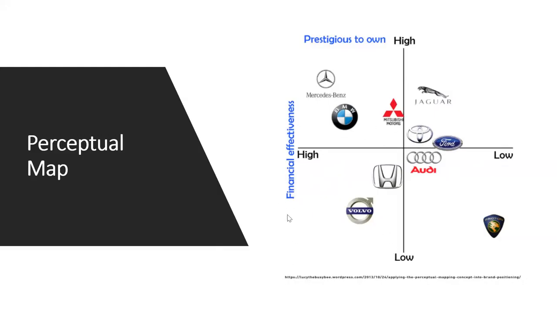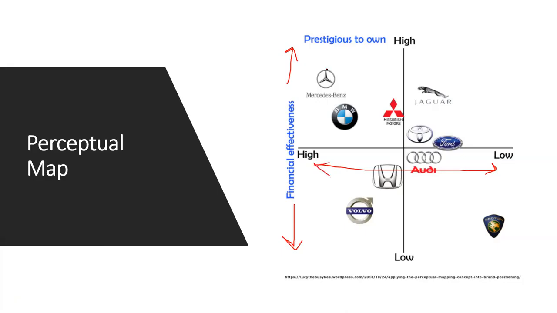One is financial effectiveness, the other one is prestige. So if you look at this map, you will notice that the financial effectiveness on this end is high, on this end is low. And prestige, again, on this end is high and on the other end is low.